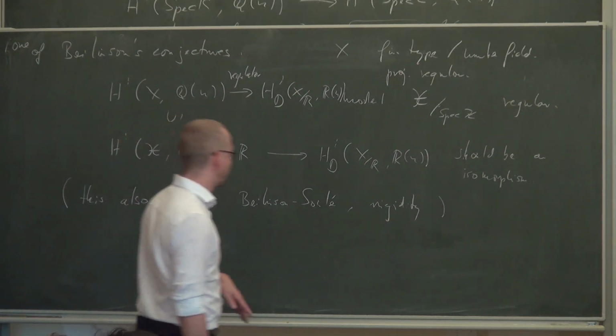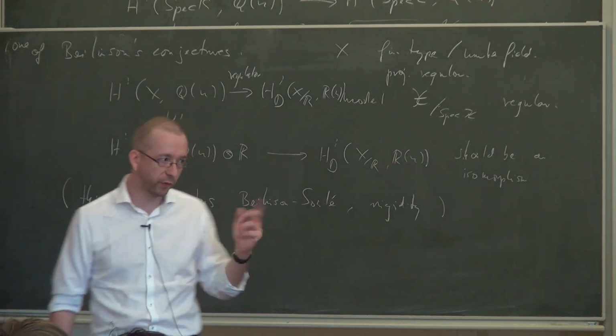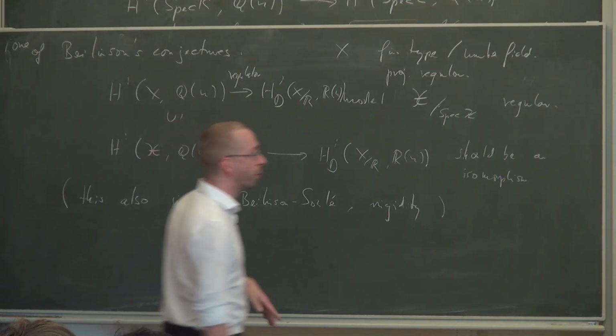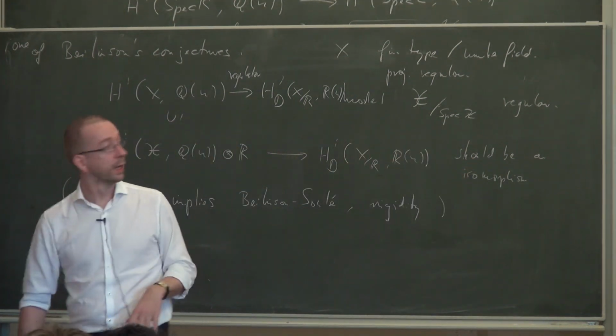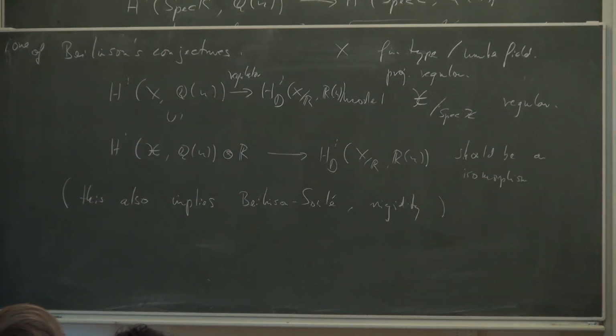And at least if we have this, we could also produce a lot of non-trivial elements in all the other motivic cohomology groups and actually show that for the complex numbers, they should be infinite dimensional vector spaces again. Okay, so this is the conjectural picture.